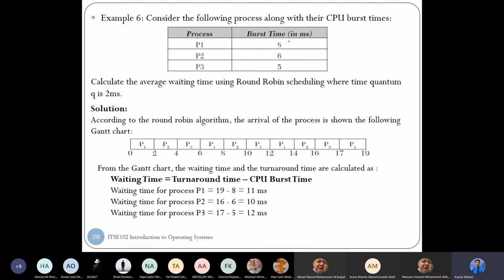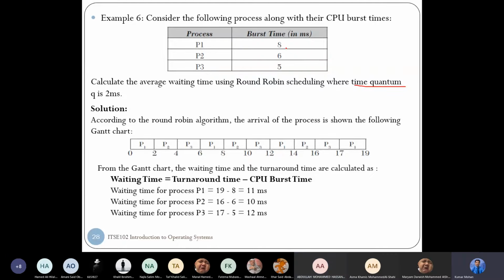I'll tell you one thing here. Listen carefully. What you need to do is listen. I told you the time quantum is very important. Okay, this is the problem. How many processes are there? Only three, P1, P2 and P3.